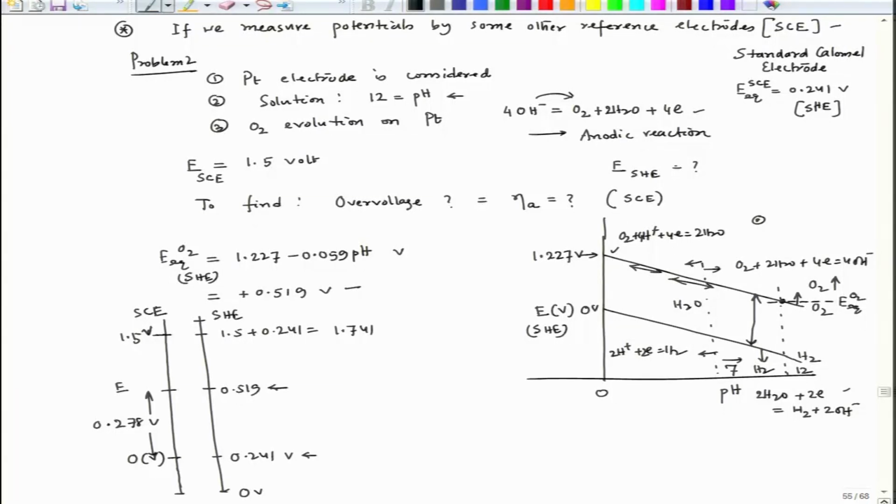Now we have to find out the polarization with reference to the standard calomel electrode.